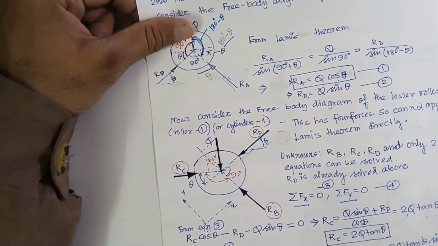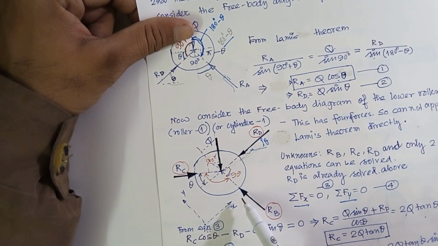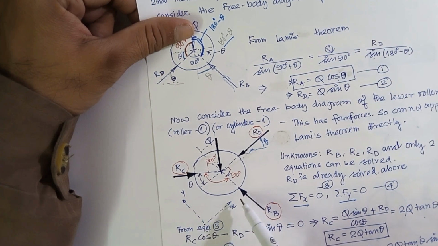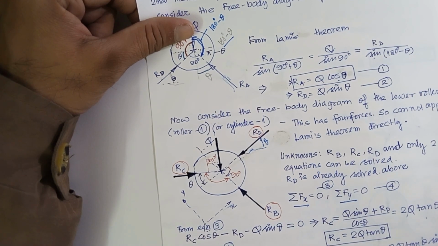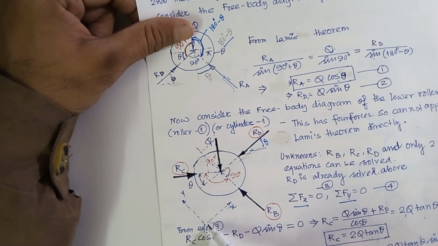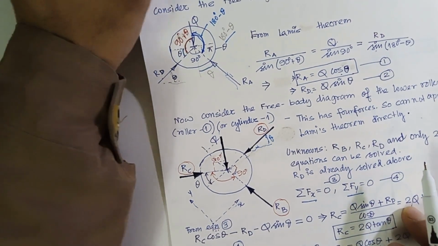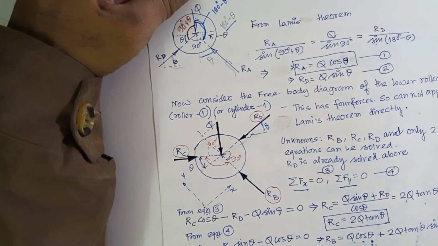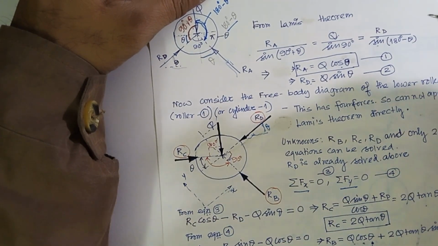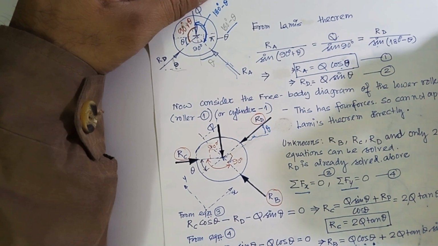So RB will not appear in the x direction, and at least in one equation, you can directly solve for RC. That is the reason why I have selected this direction. So while selecting the direction, you have to keep that in mind always, so that your calculation becomes convenient.